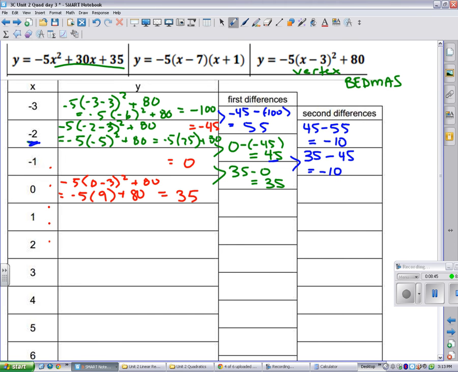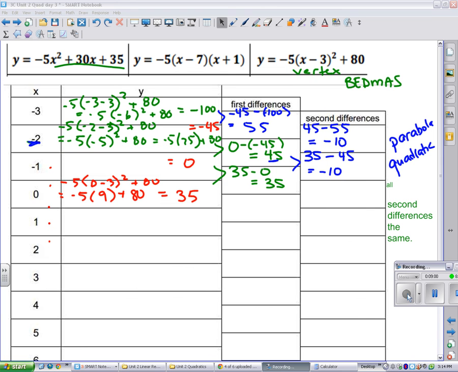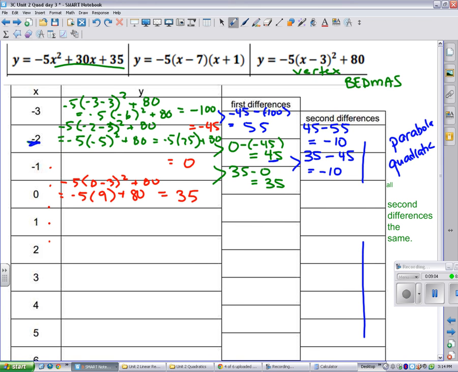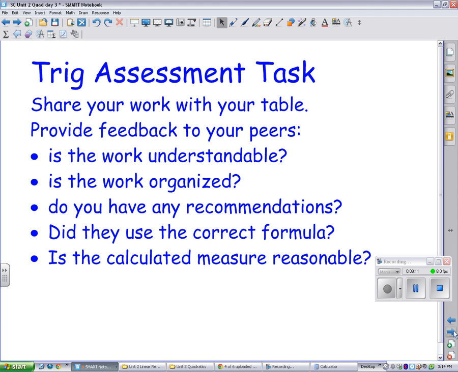So what I'm noticing here is all of the second differences, if it is a parabola, so a parabola or a quadratic relation, will have all second differences the same. So we notice that all of the second differences as we fill out the table are going to be the same.